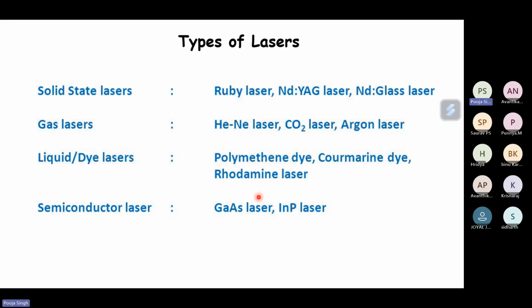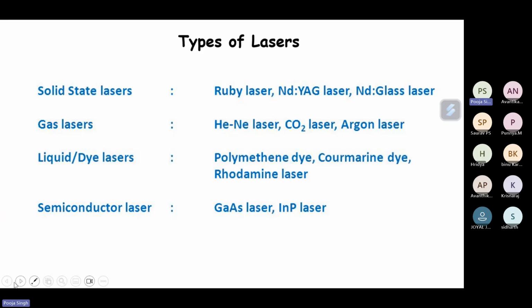Okay, so that kind of laser also has been developed. And also the semiconductor lasers, like gallium arsenide laser, indium phosphide laser. Okay, so these kinds of lasers have already been explored.